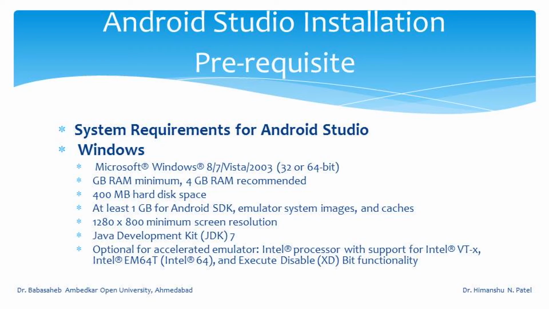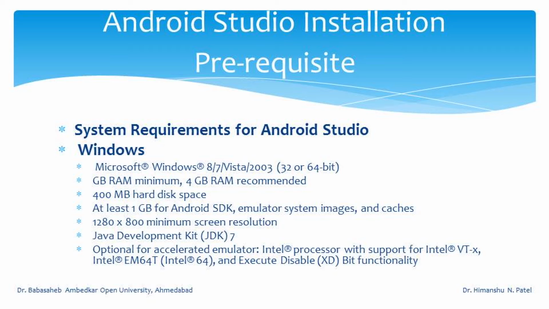Now, in order to install Android Studio, we have certain prerequisites or requirements. Here we considered only Windows platform, because whatever demo I will demonstrate is on Windows operating system. You can have Android Studio for Linux also, but here we consider system requirements for Windows only.